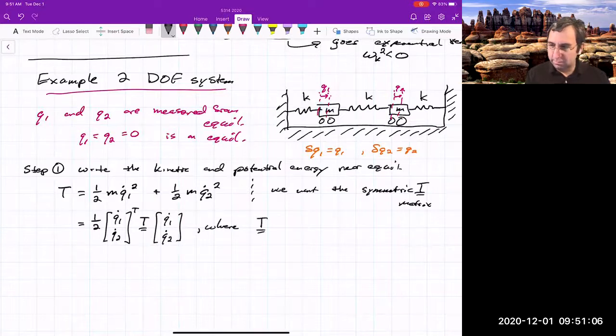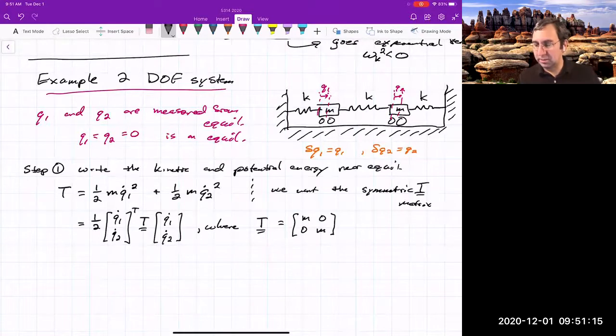And here's the T. It's pretty easy. It looks like the identity matrix, but it's got m's in both slots. Notice that it is symmetric, so we're on the right track. If it wasn't symmetric, we'd have to start over. And in fact, it's not only symmetric, it's positive definite.